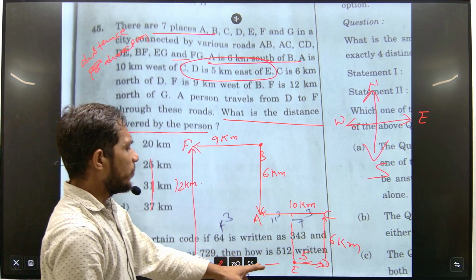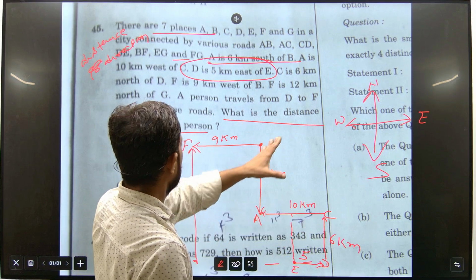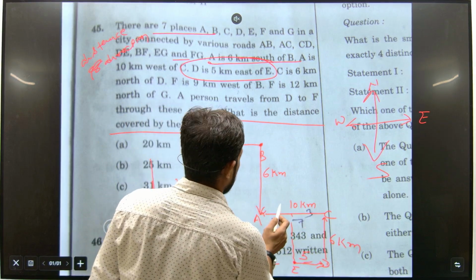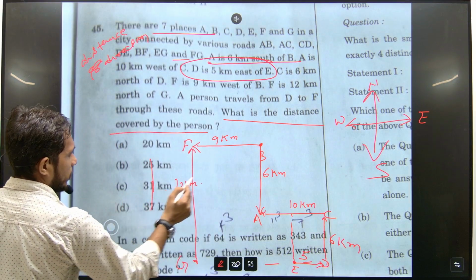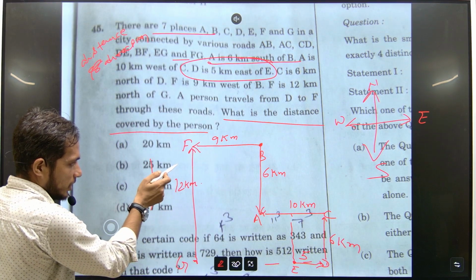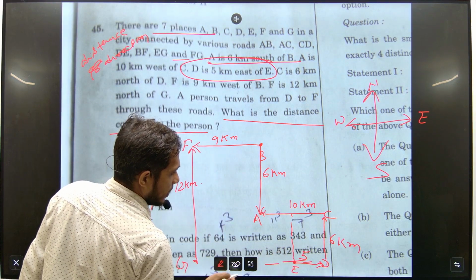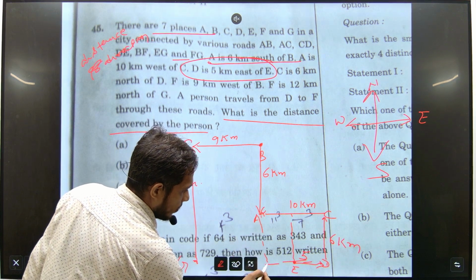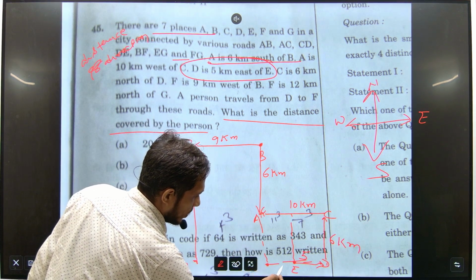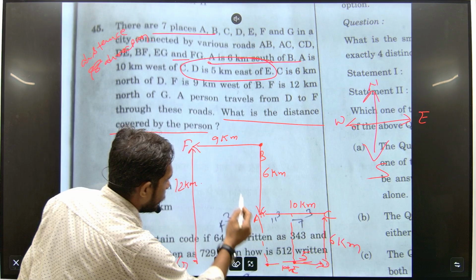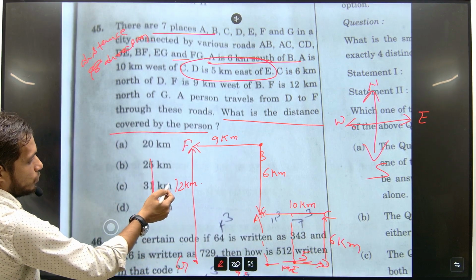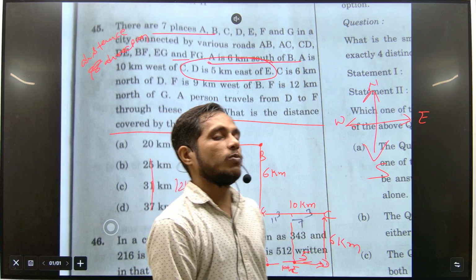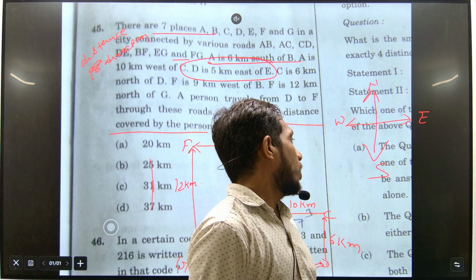Now take the total distance covered. 6 plus 10 is 16, plus 6 is 22, plus 9 is 31 kilometers. Now check from the other side: 12 plus 10, up to this portion it becomes 10 kilometers, and from this it becomes 9 kilometers, so 19 kilometers plus 12 kilometers, that is also 31 kilometers.